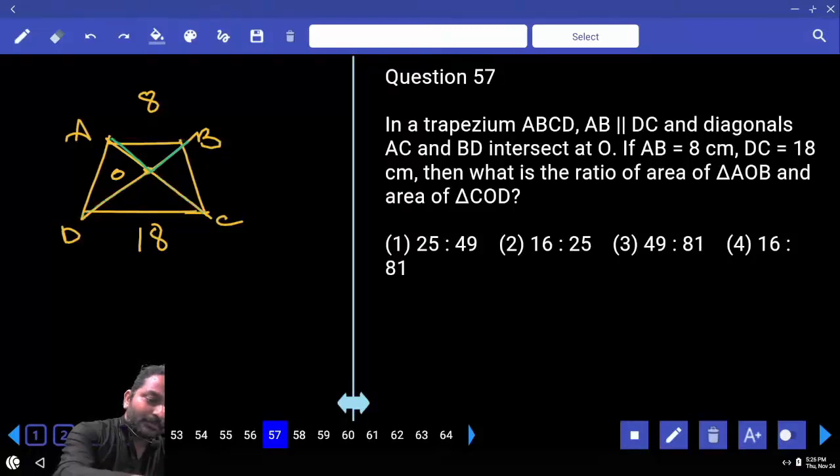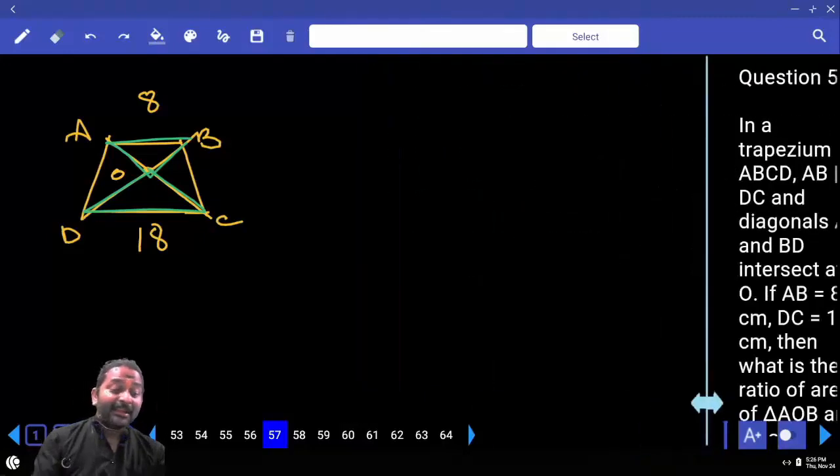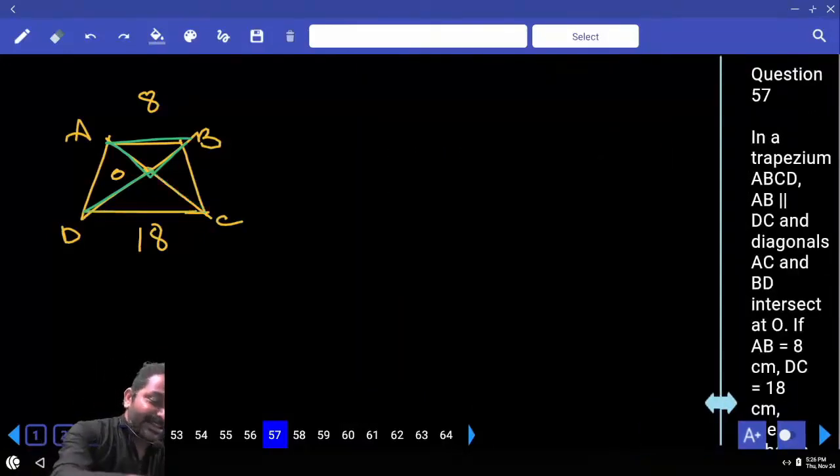Now, BD is diagonal and AC is diagonal. Can we say the triangles AOB and DOC are similar triangles having same angle at 3 corners? Where exactly is it? Let me tell you.